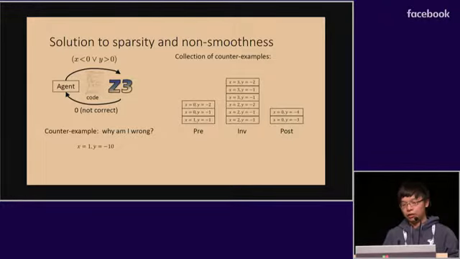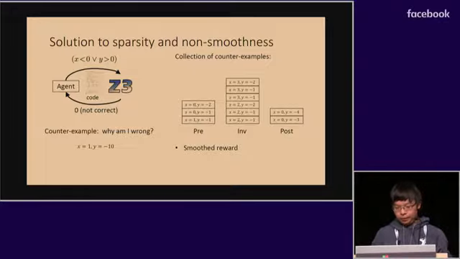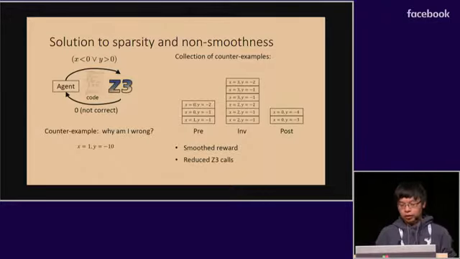So here we can collect 3 sets of counter examples. One way to use this rich feedback is to evaluate the proposed loop invariant against those counter examples. Using the fraction of the counter examples passed, you can interpolate the reward between 0 and 1 smoothly. And we'll only call the checker once the proposed loop invariant passes all the counter examples. This can further reduce the requirement of the Z3 calls.